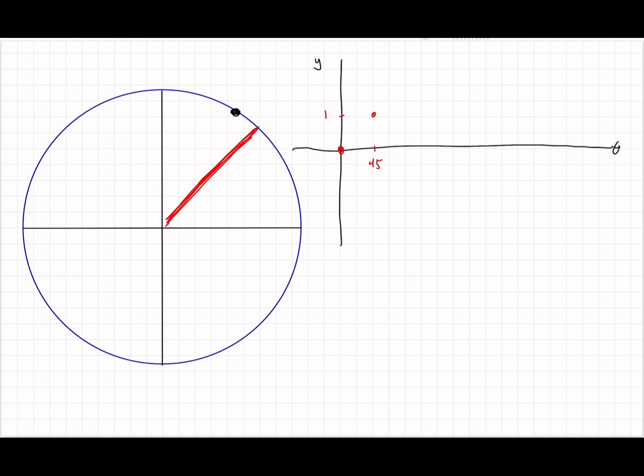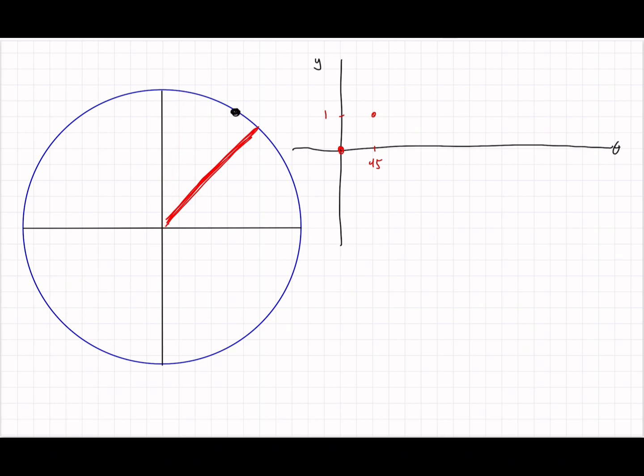And then when it's greater than 45, it gets bigger and bigger and bigger. It keeps getting bigger, right? As it gets very, very close to 90 degrees, it gets bigger and bigger, right? But does it ever end?